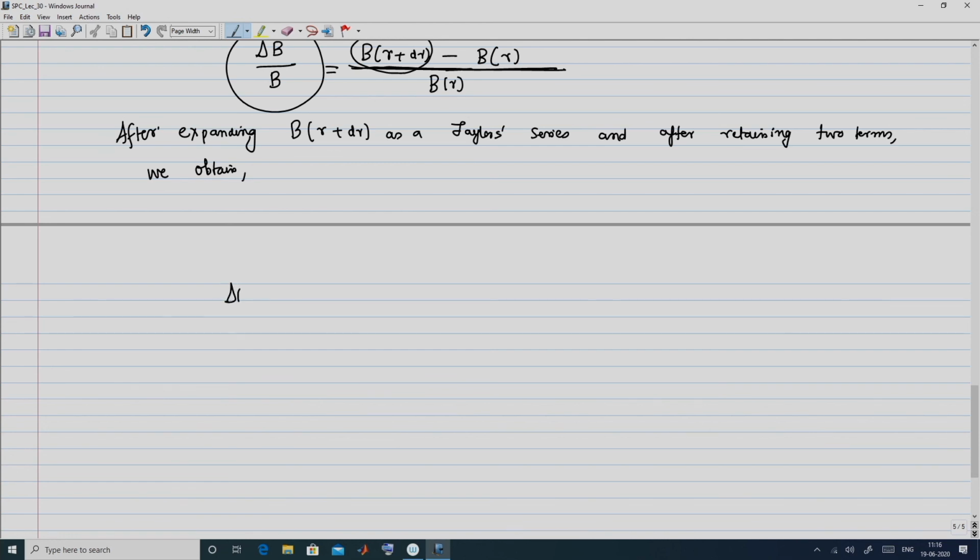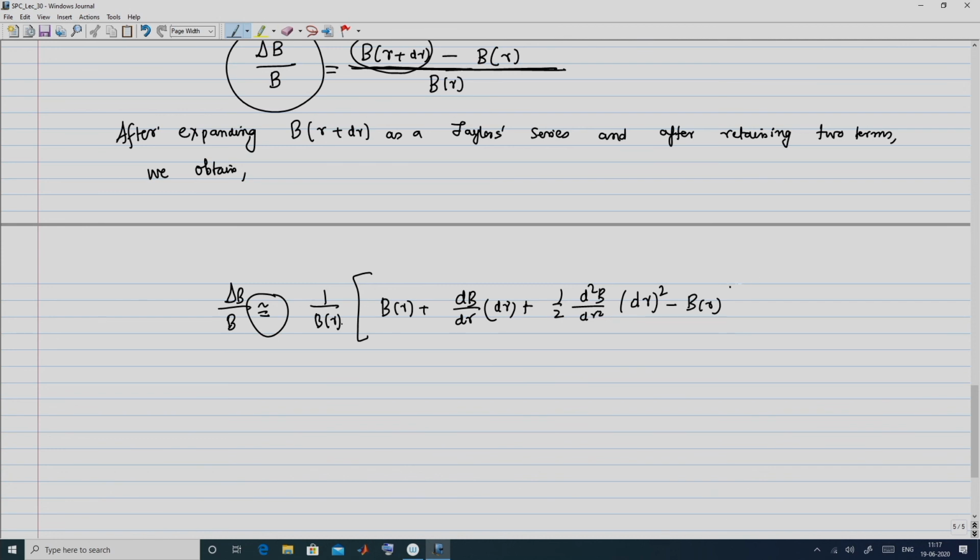Delta B over B is approximately 1 over B of R times [B of R plus dB/dr into dr plus half d square B/dr square into dr whole square minus B of R], plus the higher order terms which I am neglecting, which is the reason why I have this approximation.